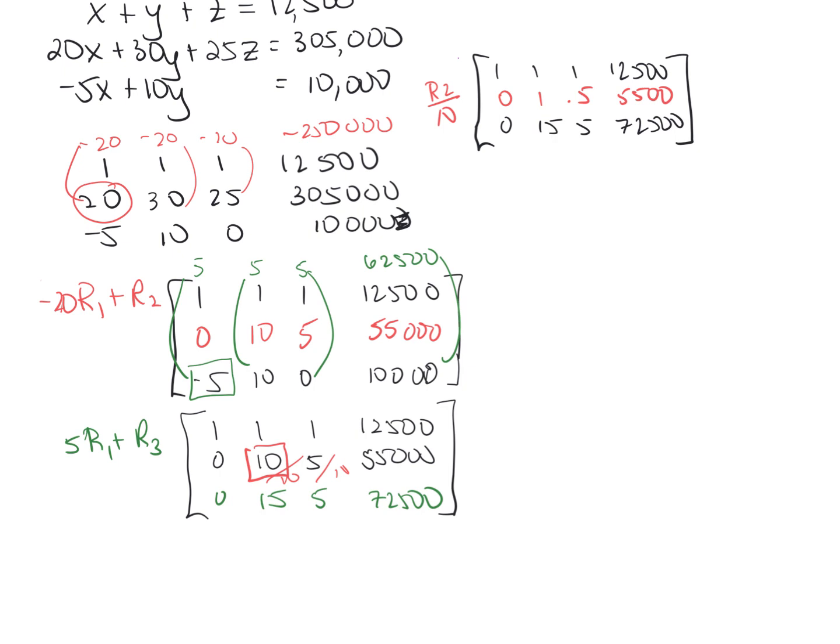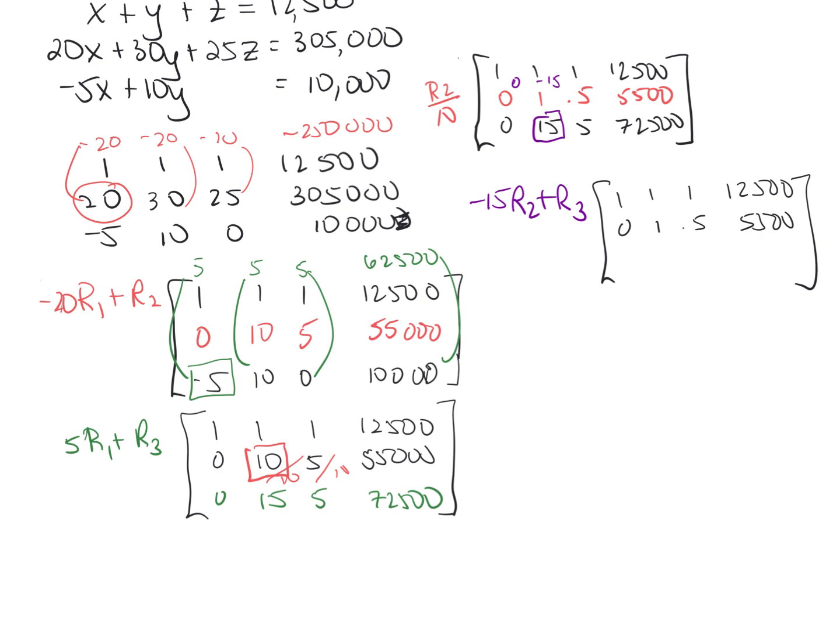Okay, now we want our 15 to become a 0. It's in column 2, so I'm going to take negative 15 times row 2 and add it to row 3. So row 1, 1, 1, 1, 12,500. 0, 1, half, 5,500. Now I'm going to multiply row 2 by negative 15. So I have 0, negative 15. Half of 15 is negative 7.5.